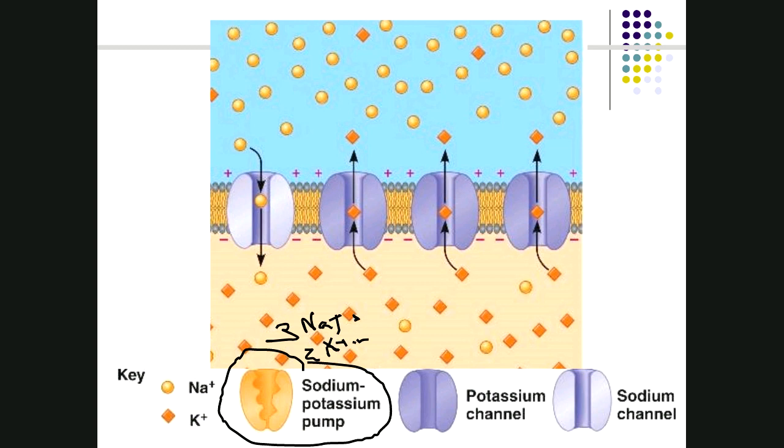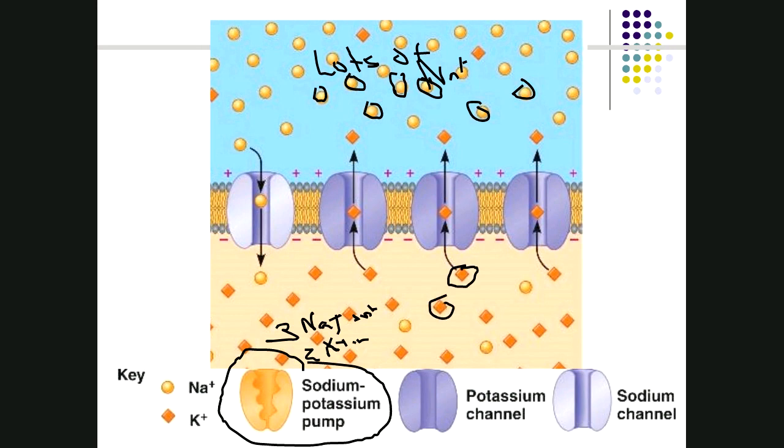So what we're going to wind up with is more sodium on the outside. Look at all this sodium that's out here. Lots of sodium. And it's bringing potassium on the inside. So look, we got all this potassium in here. Lots of potassium.